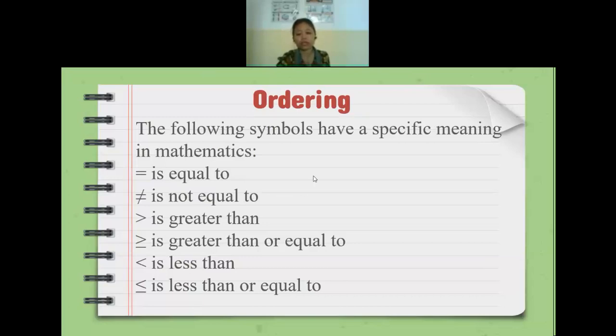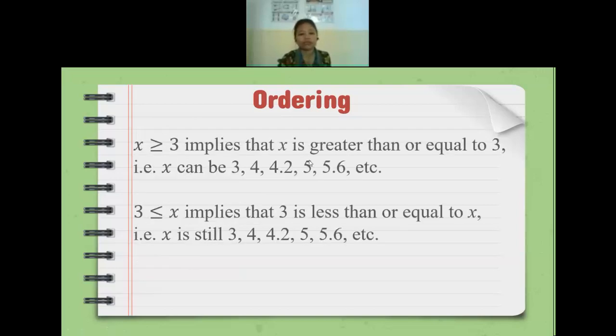Okay, no one is asking me anything, so I think you have no difficulties. I will continue. In here, we have that x is bigger or equal than 3. We read it as x bigger or equal 3. So we need to write any number that is bigger or equal 3. We can start from 3, and after 3 it can be 4.